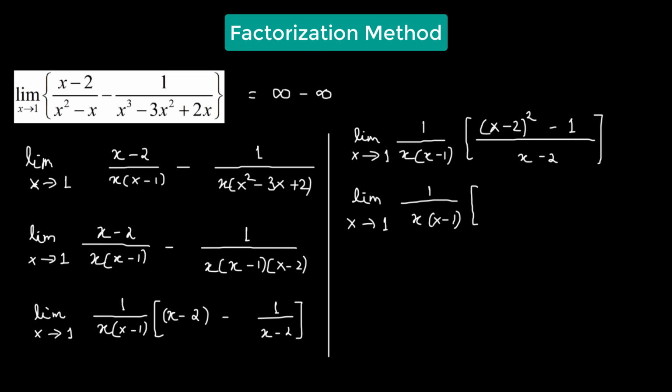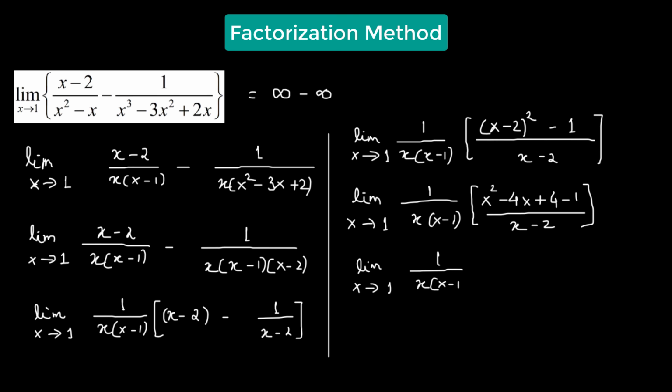So (x minus 2) whole squared is the identity. So that will become x squared minus 4x plus 4 minus 1, divided by x minus 2, which will be the limit as x approaches 1 of 1 over x times (x minus 1), and we have x squared minus 4x plus 3 divided by x minus 2.